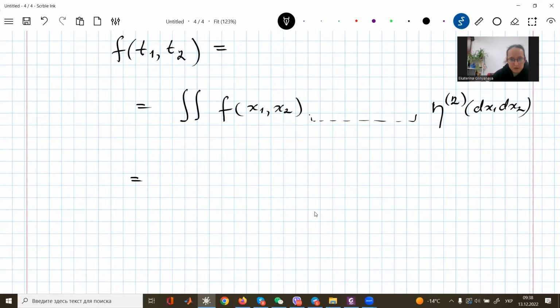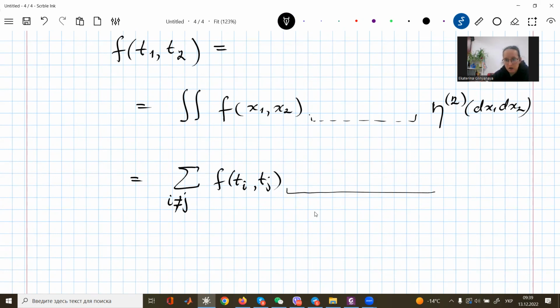By the formula, at first I will write t_i, t_j with i, j non-equal. And now I want to add such a condition that I have only one summand, which is f of t1, t2.